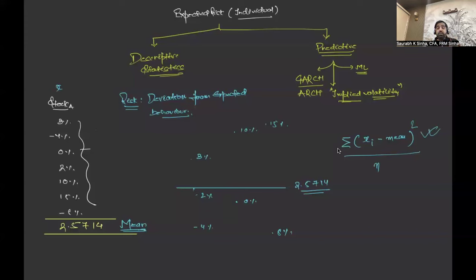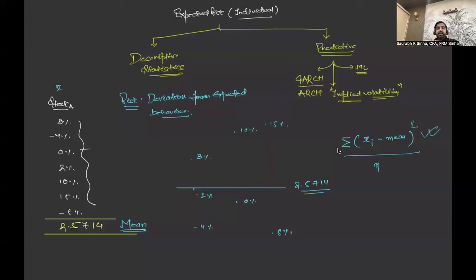What do I want to say? 15% is a higher risk than 2%. The deviation from the mean of 15% is higher than that of 2%. We understand that. And 10% is higher than 3%. We understand that. We want to assign higher weight to higher distance or higher deviation from the mean.